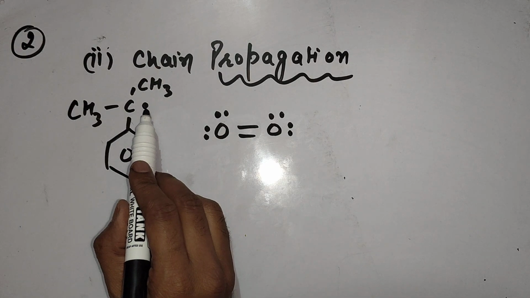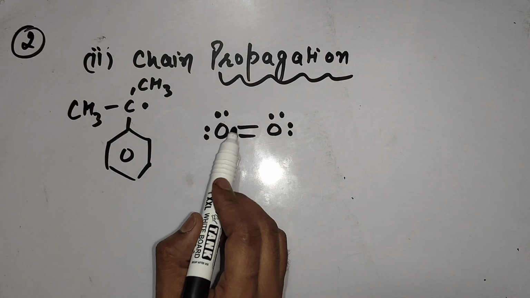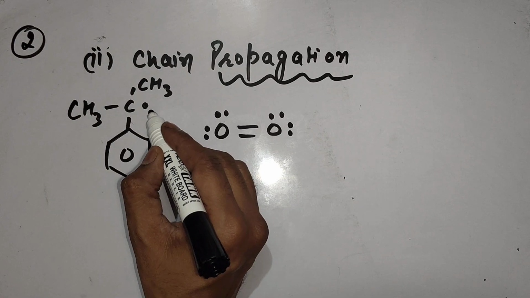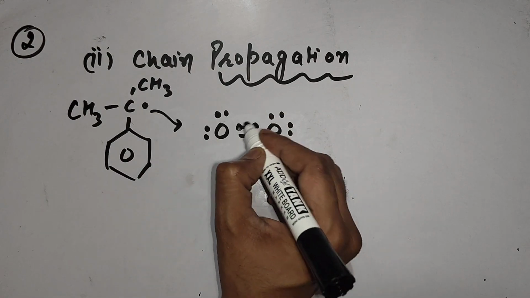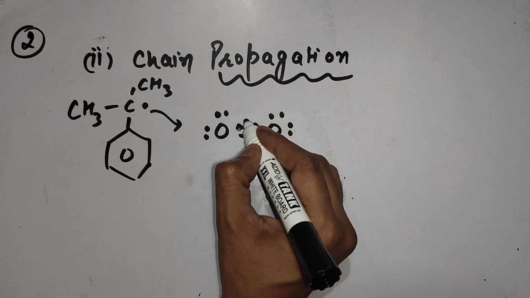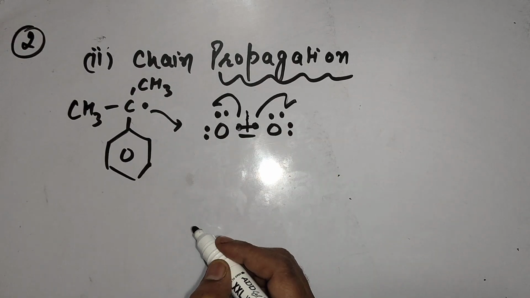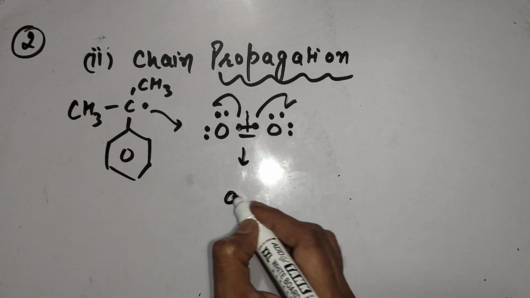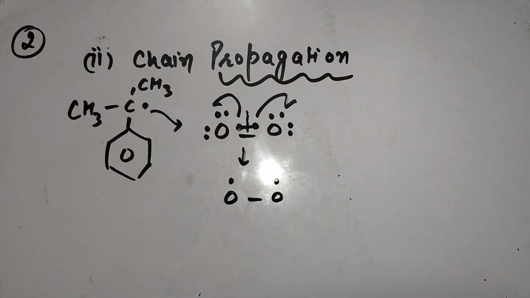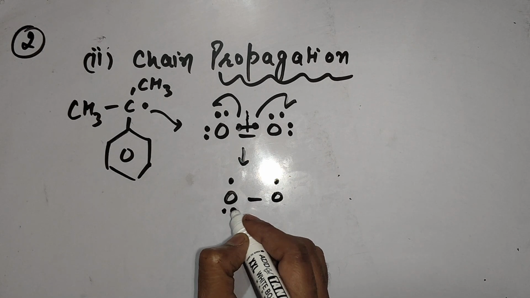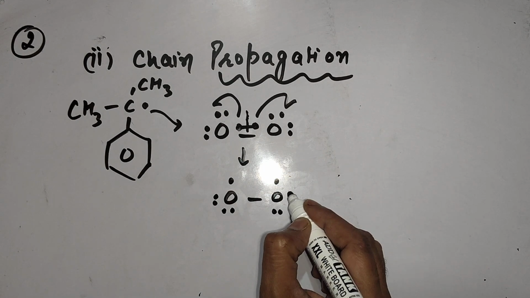When a free radical comes in contact with a normal particle, it will make it a free radical. When it strikes, what will happen? This oxygen is normal, they will break like this. One electron to this oxygen, one electron to this oxygen. Means they will turn into oxygen free radicals like this. Two lone pairs I am writing here.